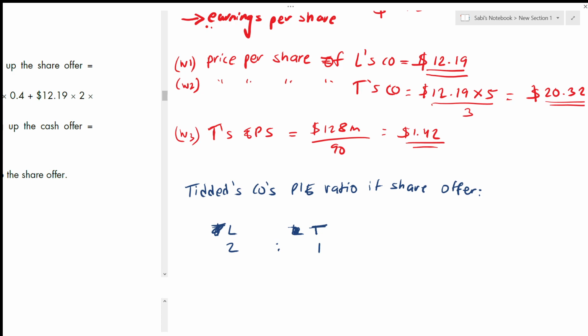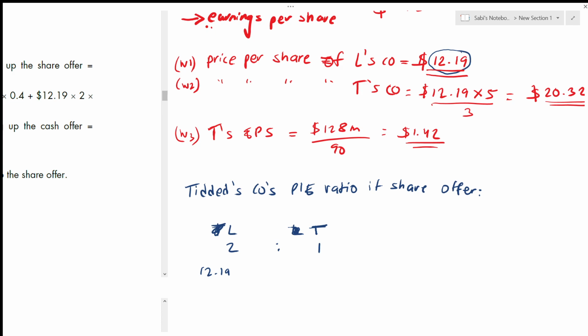And now, what is the price per share of L company? It is this 12.19. 12.19 if you take, it is for one share. But for two shares, how much will it be? Because two shares of L is equal to one share of T, right?